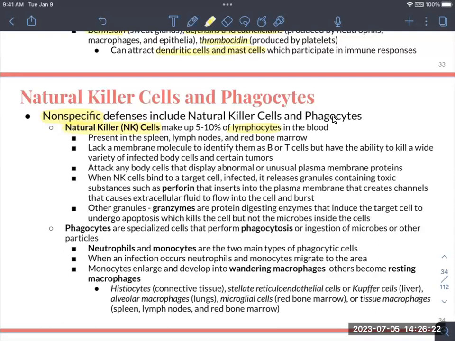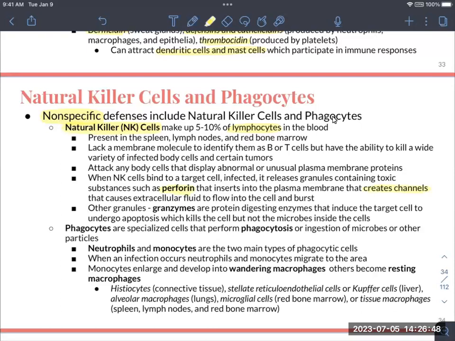They have different ways of breaking down these cells. They can attach to a target cell that's been infected, and they release perforin. Perforin creates channels in that membrane, and that cell eventually will burst.